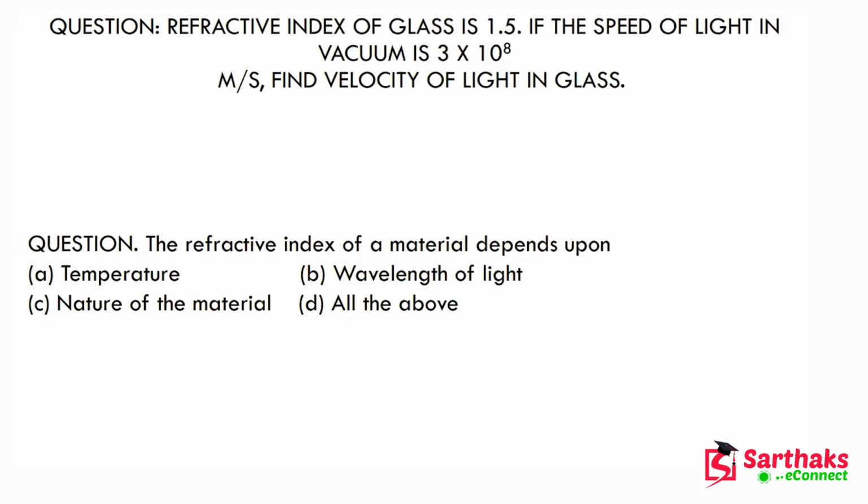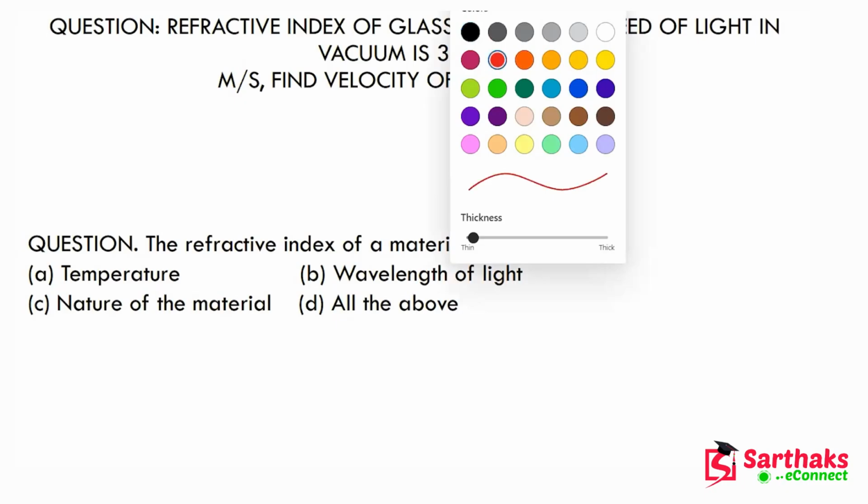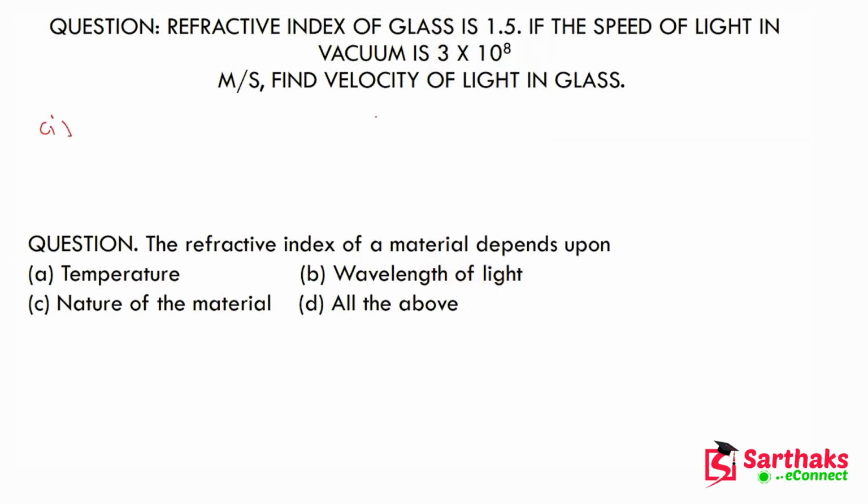Now here is a question for you. Let's solve this question for your understanding of what we have learned so far. The refractive index of a glass is 1.5. If the speed of light in vacuum is 3 into 10 to the power 8 meter per second, find the velocity of light in glass.